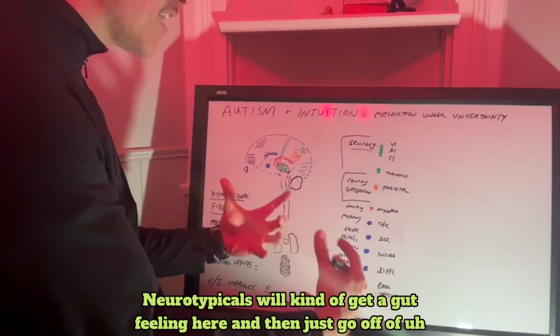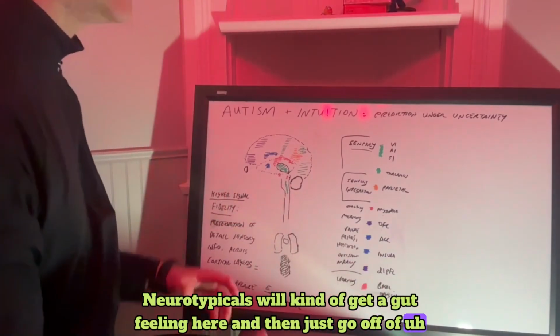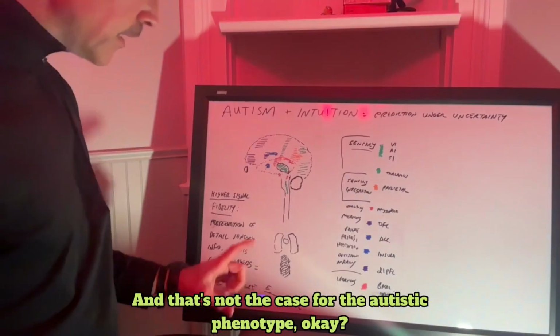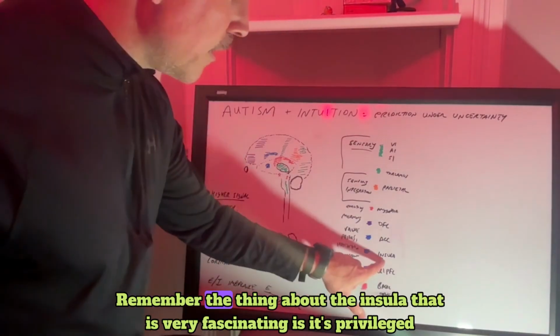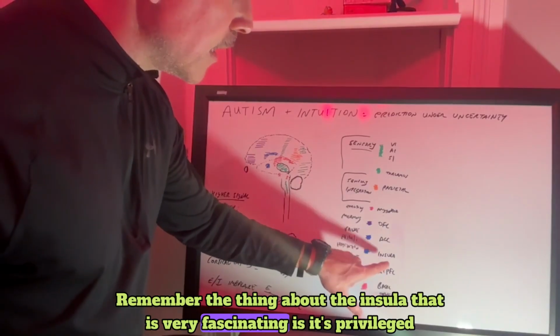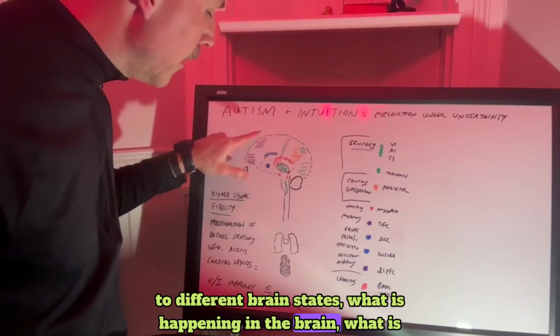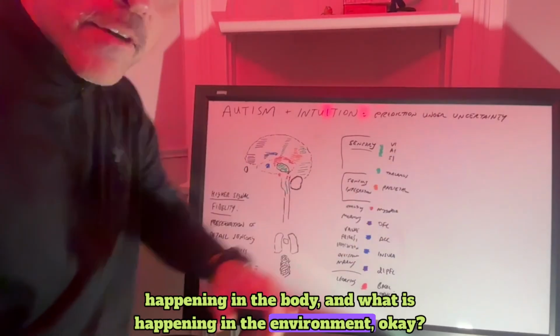Neurotypicals will kind of get a gut feeling here and then just go off of this generalization. And that's not the case for the autistic phenotype, okay? Remember the thing about the insula that is very fascinating is it's privy to different brain states: what is happening in the brain, what is happening in the body, and what is happening in the environment, okay?